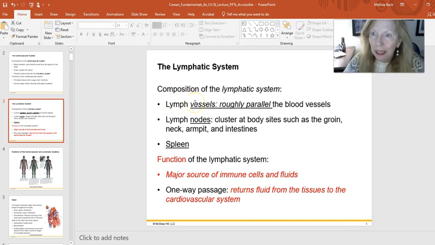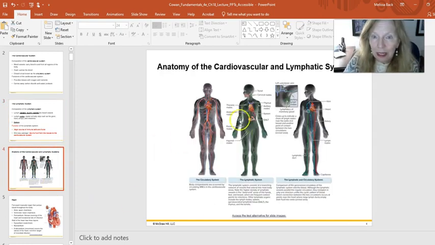So lymph is a liquid, mostly water, very similar to plasma, a fluid that bathes all of our tissues, and it circulates through our tissues back into the lymphatic vessels, which then transport that lymph through nodes, which are small, tiny organs, if you will, that filter the lymph before it can be returned back to the cardiovascular system. It is going to be returned back here in the subclavian vein.